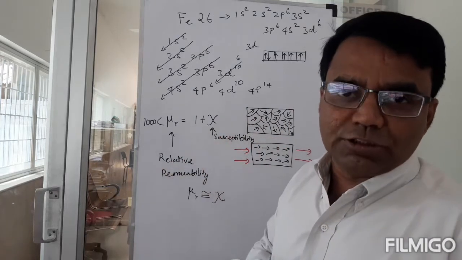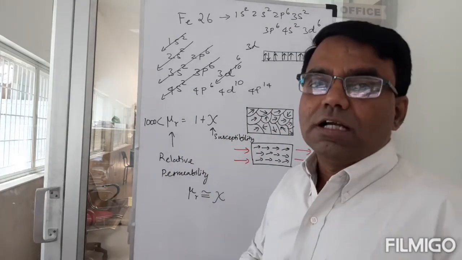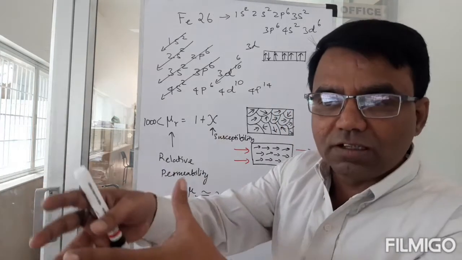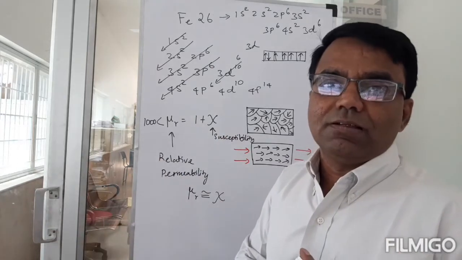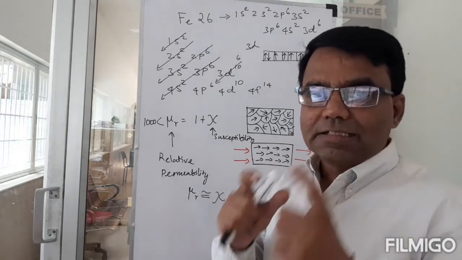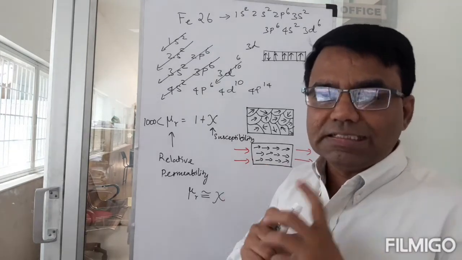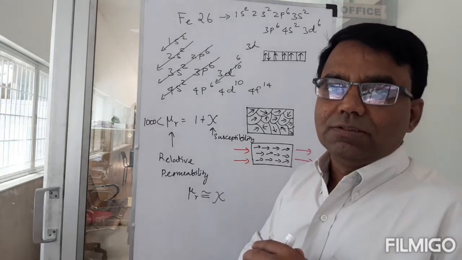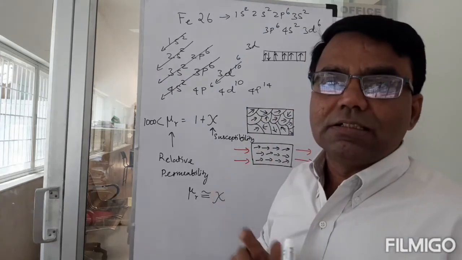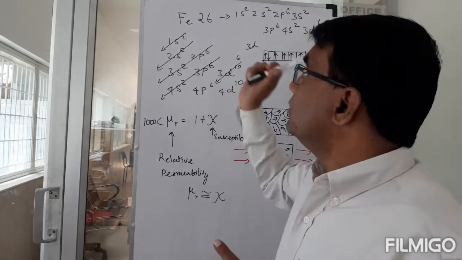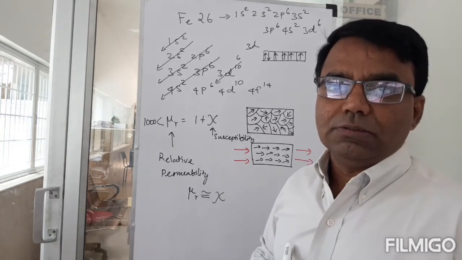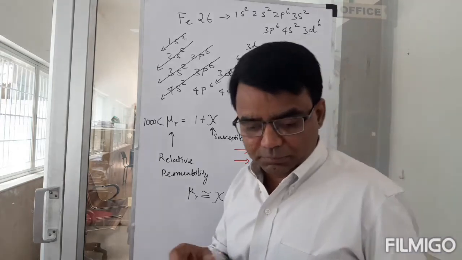And the domain effect is because of the strong interaction among the atoms of ferromagnetic materials. They can influence one another very easily. So they can align themselves and form domains. So that's the key point when it comes to ferromagnetic materials. Hope this is clear to you.